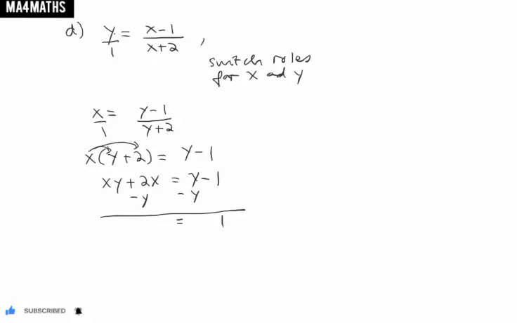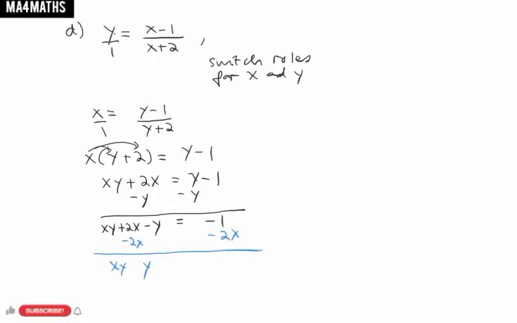I'll have -1 here. This is xy plus 2x minus y. Then the next order of business would be to subtract 2x from both sides. And if we do so, we'll have xy minus y equals -1 minus 2x. Hopefully that's clear to everyone up to this point. If it isn't, you can ask away and we'll figure things out.